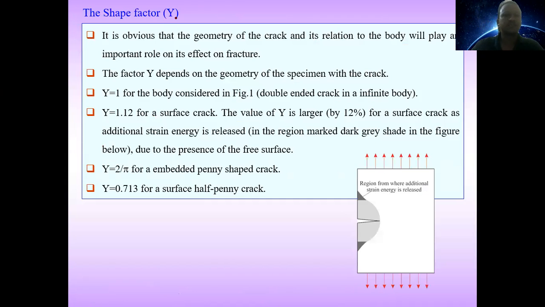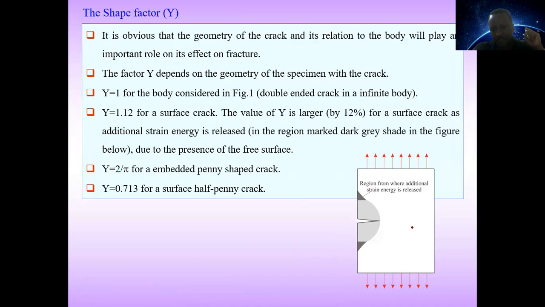So that shape factor Y, it's obvious that the geometry of the crack and its relation to the body will play an important role on the effect on the fracture. The factor Y depends on the geometry of the specimen with the crack. Y equal to 1 implies the body considered in figure 1. This is the figure. In this case, Y is equal to 1.